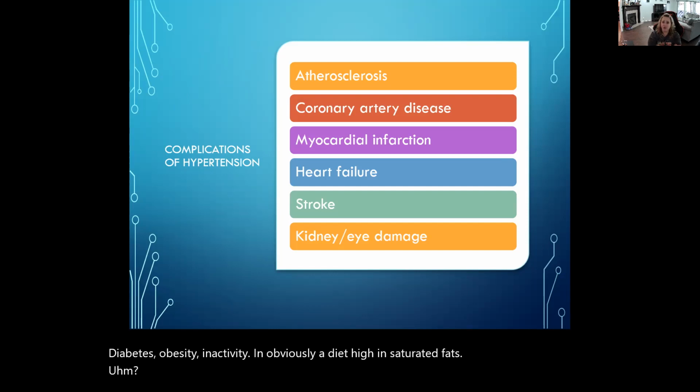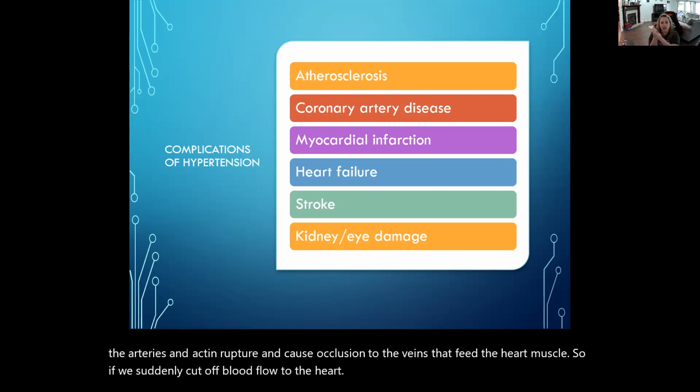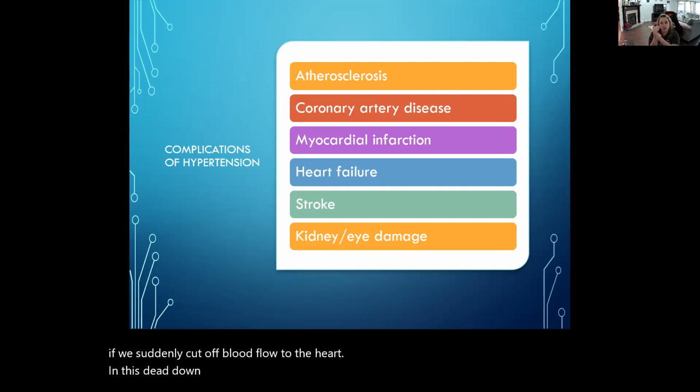MI. So we're going to be at high risk for MI because we have that plaque that builds up in those arteries, and that can rupture and cause occlusion to the vessels that feed the heart muscle. So if we suddenly cut off blood flow to the heart and it's dead down here, it's not going to pump anything out because it's dead.